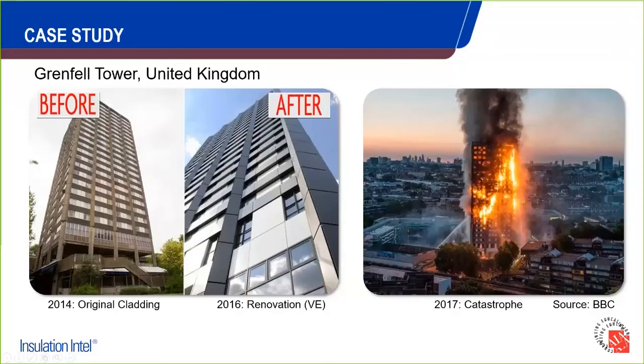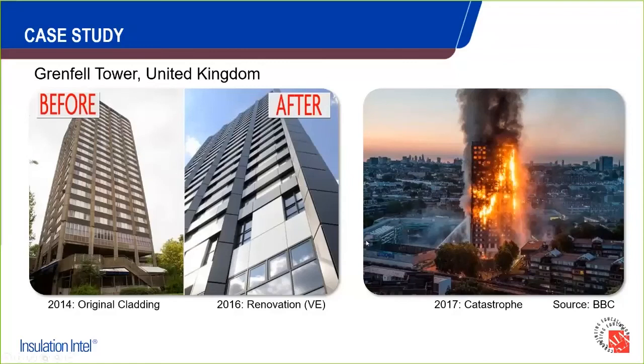So in 2017, after the renovation was completed, and part of the renovation was a VE process where the more costly fire-resistive exterior cladding system was knocked out of the budget. And they ended up with the picture on the right.